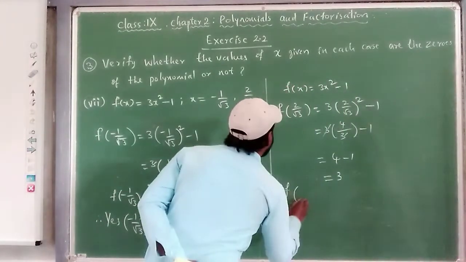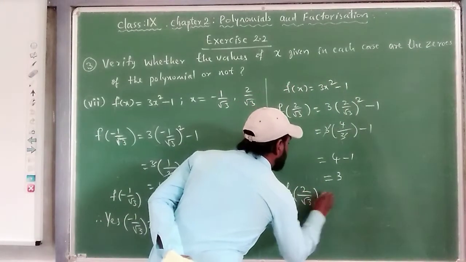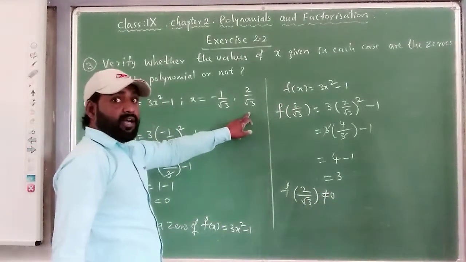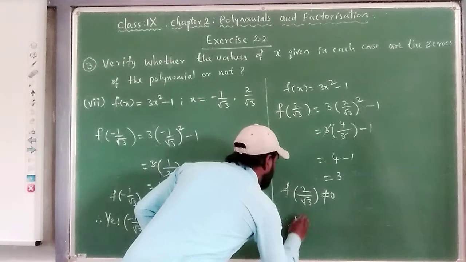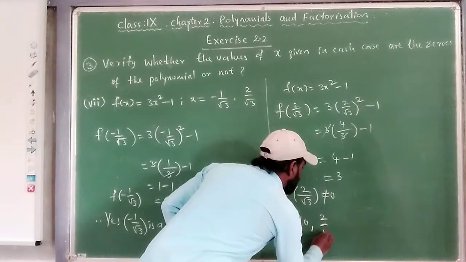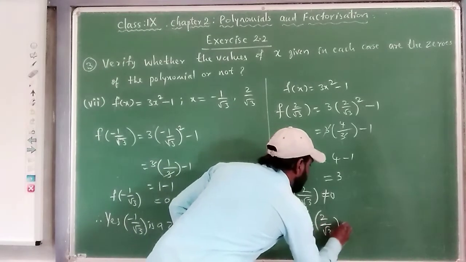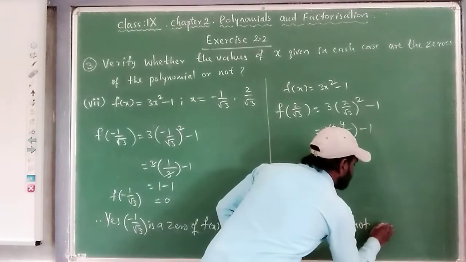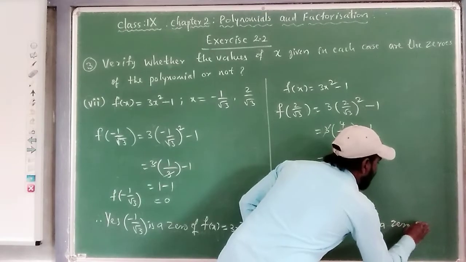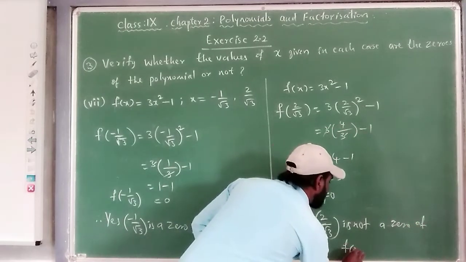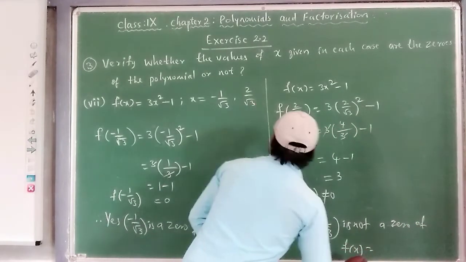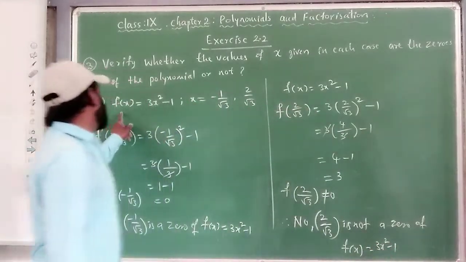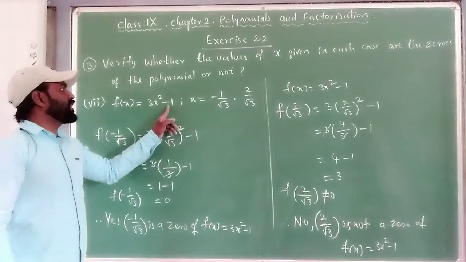That means f of 2 by root 3 is not equal to 0. So what can you say? No, 2 by root 3 is not a 0. Therefore, 2 by root 3 is not a 0 of the polynomial f of x is equal to 3x square minus 1. So actually the given polynomial is f of x is equal to 3x square minus 1.